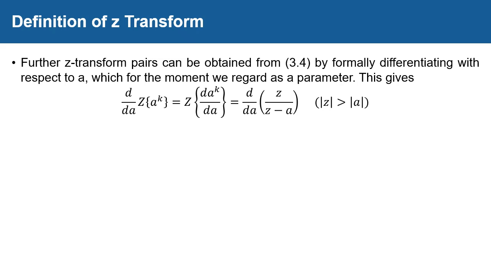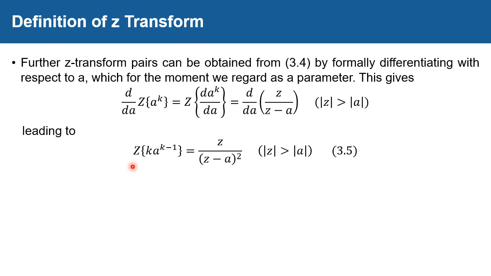So we have the derivative of z over z minus a with respect to a, where the absolute value of z is greater than the absolute value of a, which leads to the z transform of k a^(k minus 1) equal to z over (z minus a) squared, where the absolute value of z is greater than the absolute value of a. This is now equation 3.5.